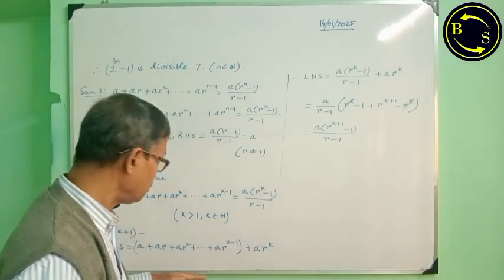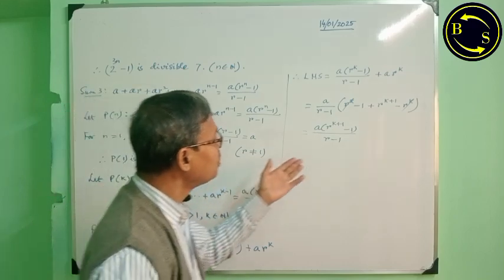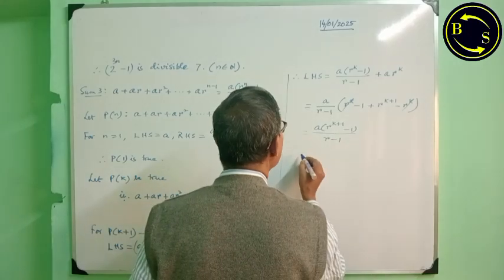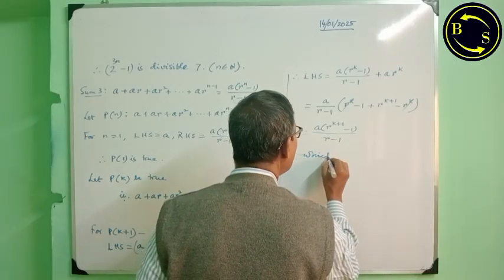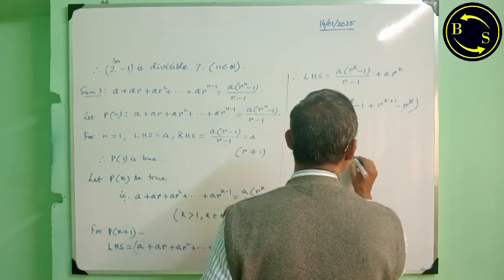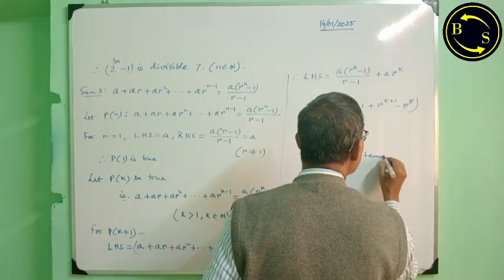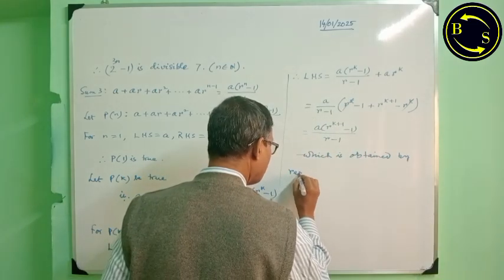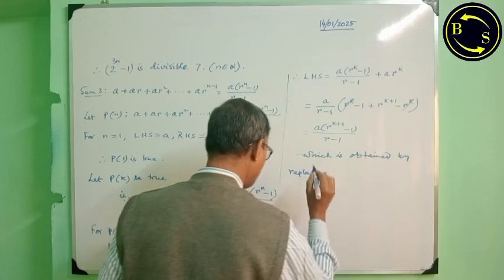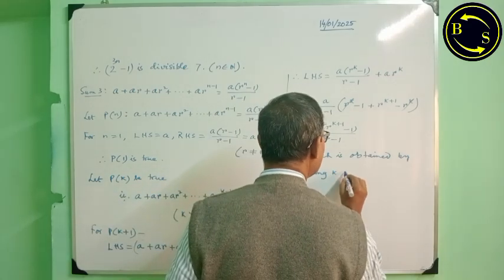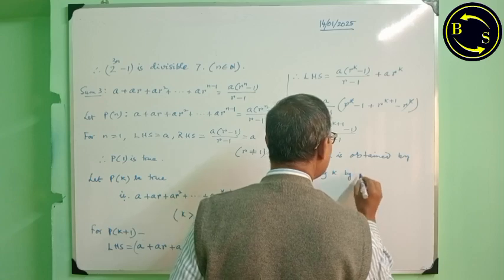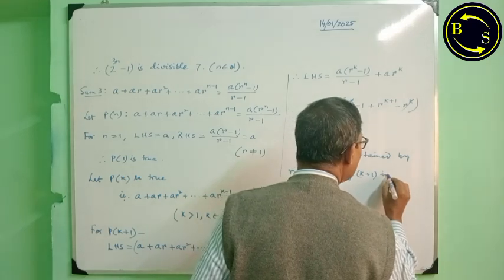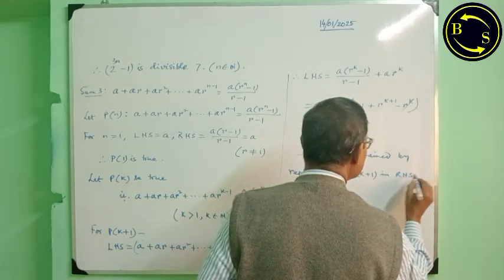Now, by actual calculation, we have shown sum will be this one, which is obtained by replacing k by k plus 1 in the RHS of relation 1.